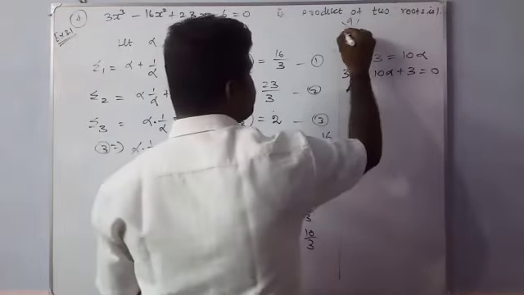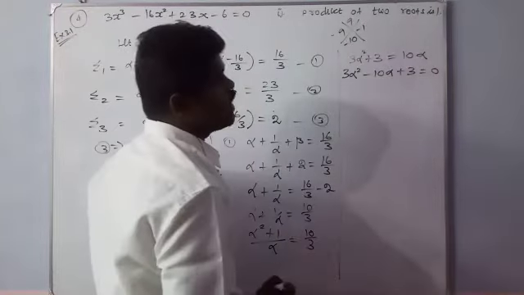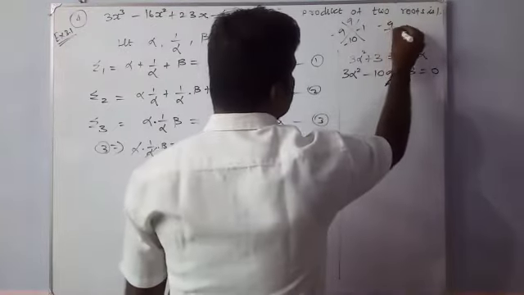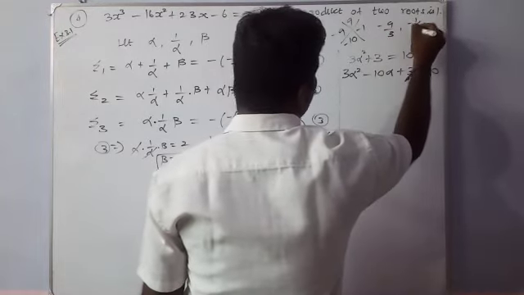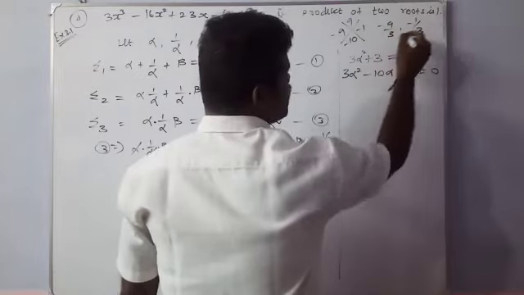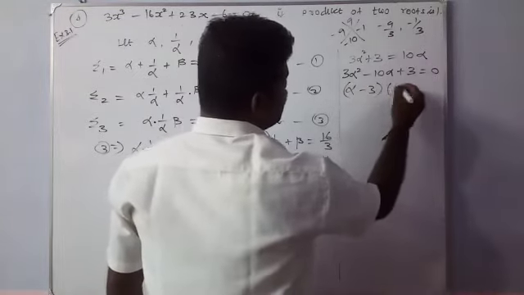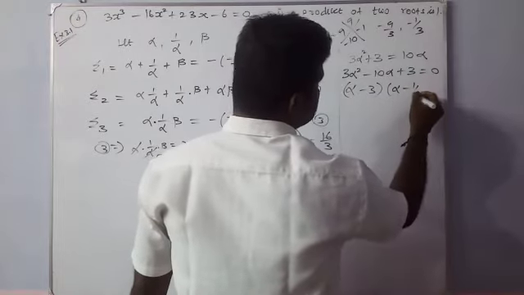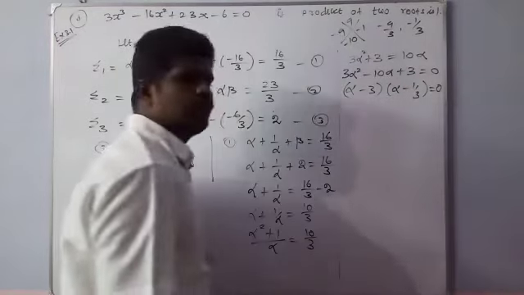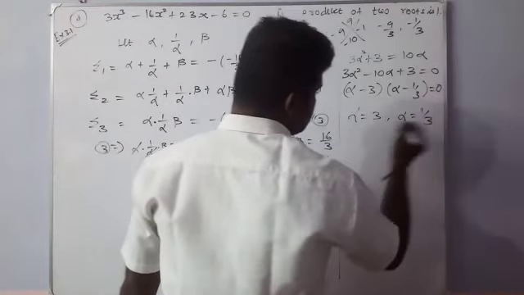What is the condition? 9, 1, minus 9, minus 1. So minus 9 by 3, comma, minus 1 by 3. This is minus 3, this is minus 1 by 3. Alpha minus 3 and alpha minus 1 by 3 is equal to 0. Now alpha equal to 3, alpha equal to 1 by 3.